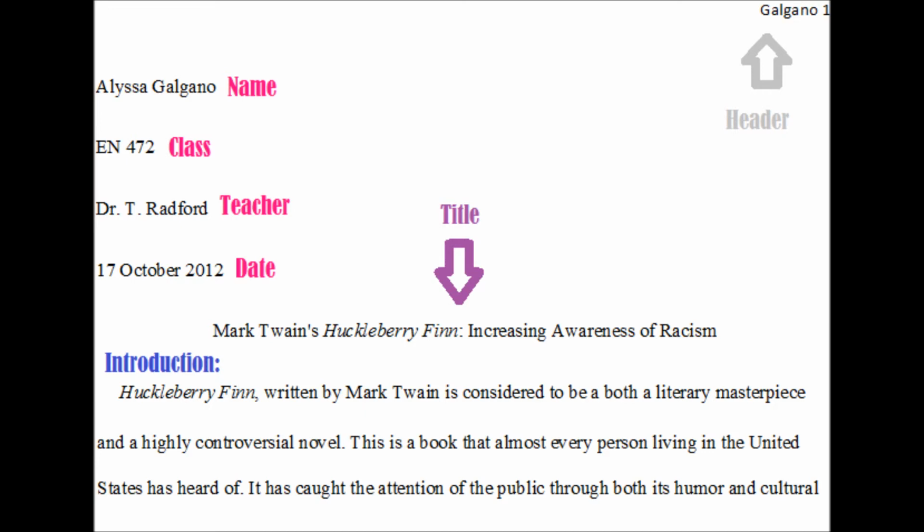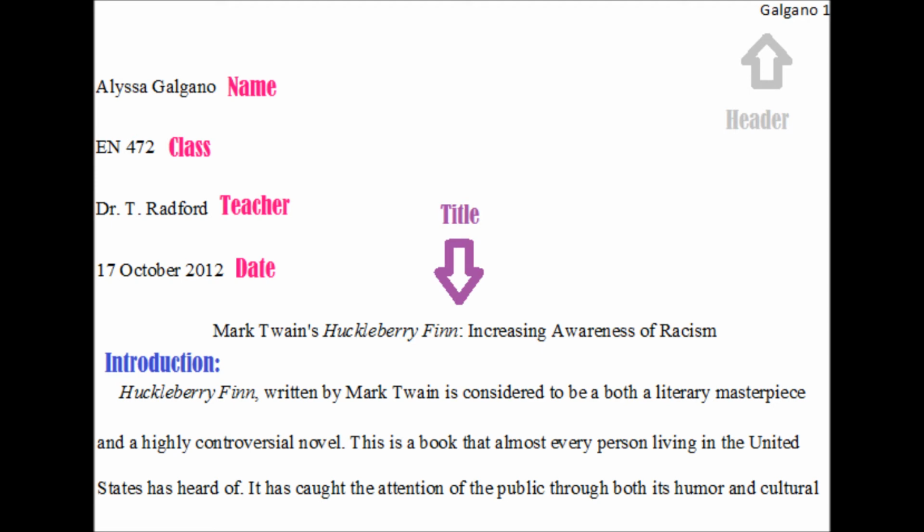On the left-hand side should be your name, class name, name of your teacher, and the year. They all must be on separate lines and in this exact order. Writing the date is also different. Please remember, with the date, you will start with the day, then the month, and then the year.